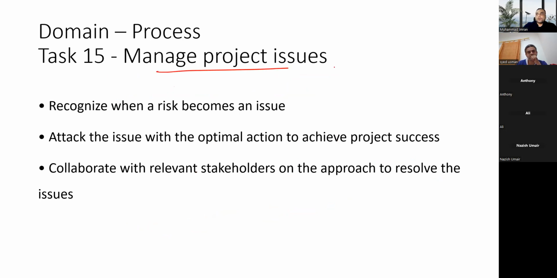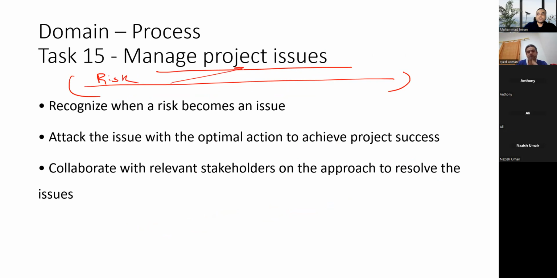And all the time from start till end of the project life cycle, you will be managing the risks and issues. When it is a risk, you will do risk management so it doesn't become an issue. If it becomes an issue, what is the procedure? If any risk is converted into an issue, this issue will be enlisted in the issue log. And once it is listed in the issue log, what will happen?